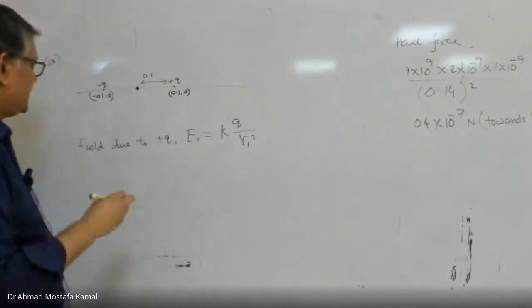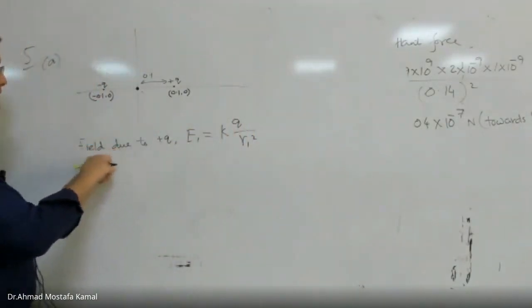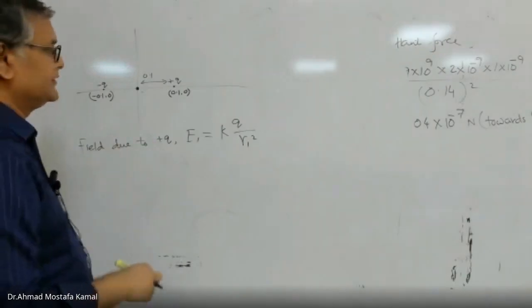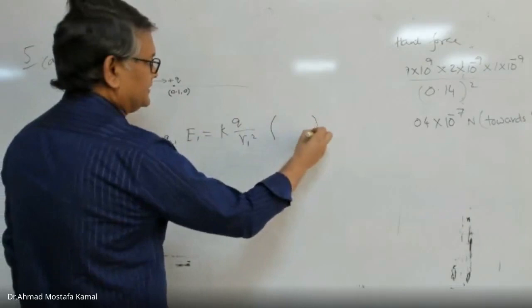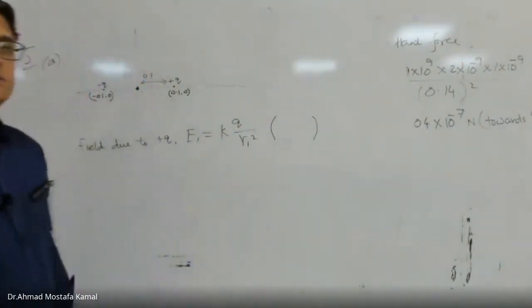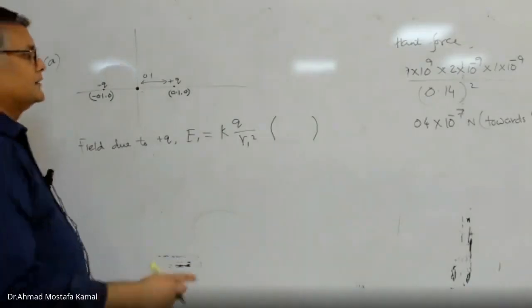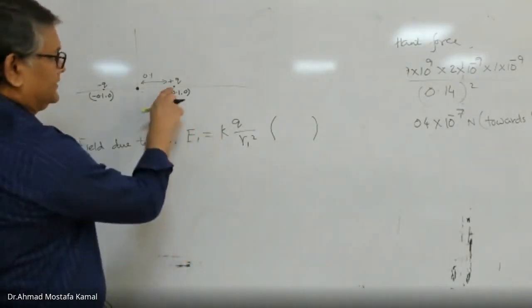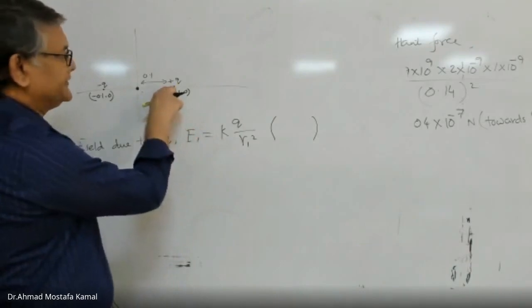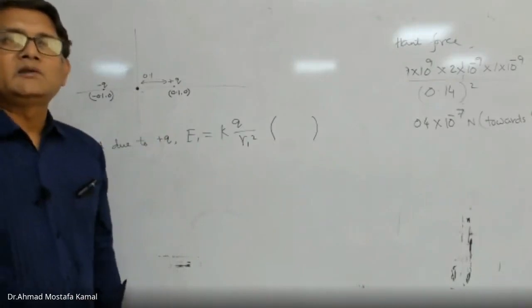Okay, and field due to, oh sorry, before writing down E2, we have to write down the direction. If you don't write the direction, your solution will be wrong. Again, you have one positive charge here, and at the point of calculation you have 1 coulomb positive charge.